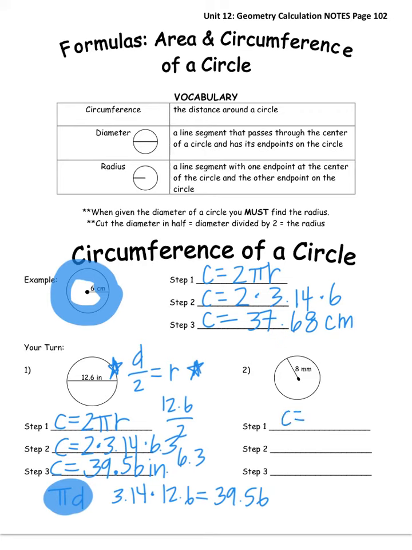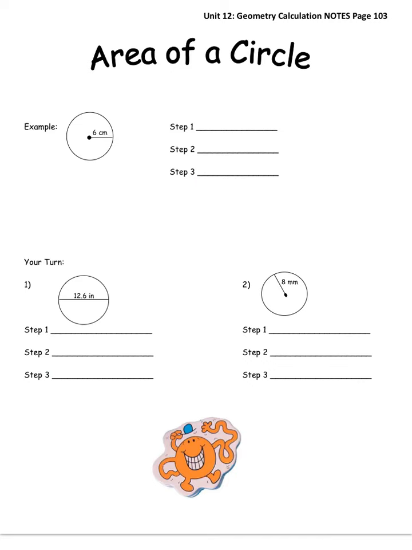Okay, so 2 pi r, 2 times 3.14 times 8. So 6.28 times 8 is 50.24 millimeters.